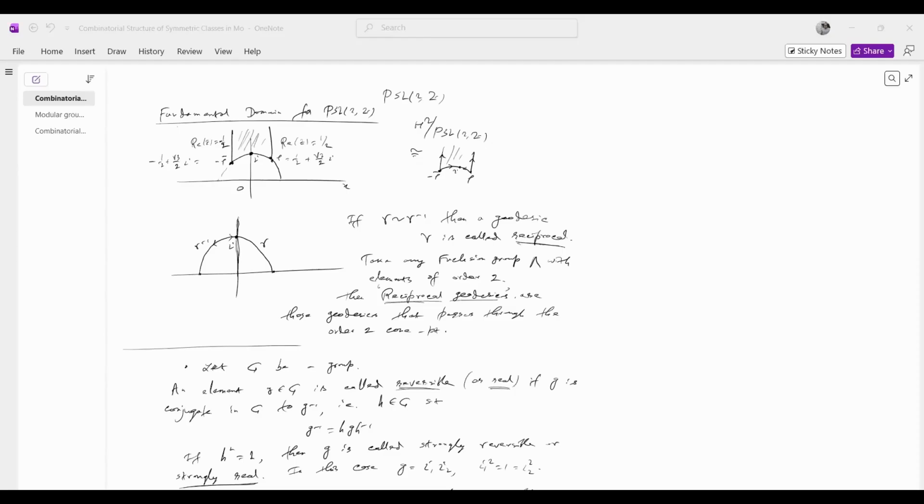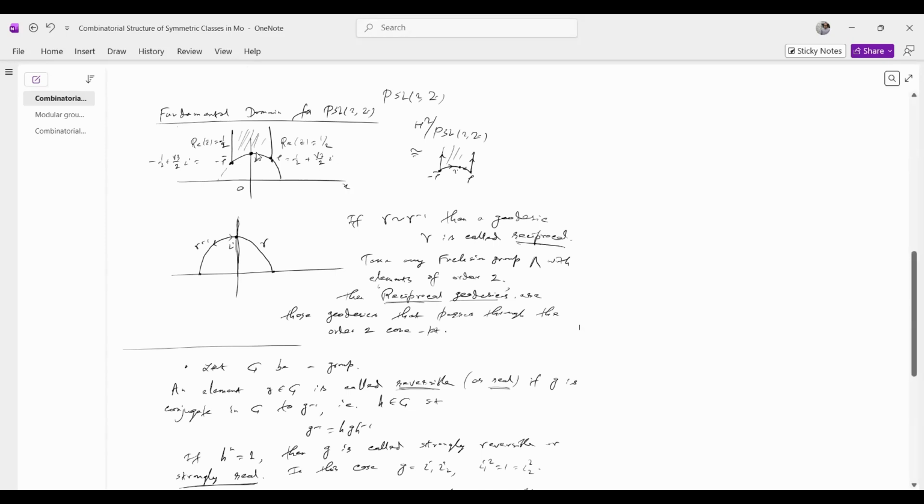Yeah. So they should correspond to reciprocal geodesics, but here their orientation reversing involutions are also allowed.